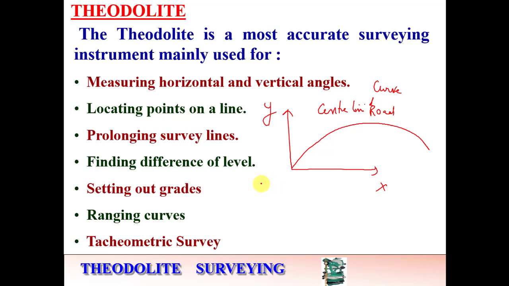Whenever we are going to construct our road profile, we stick to the center of the road. With the help of the center line we can set out our inner line as well as outer line, because at the curve we have a different phenomenon for road construction, which is the super elevation, and that is another part.